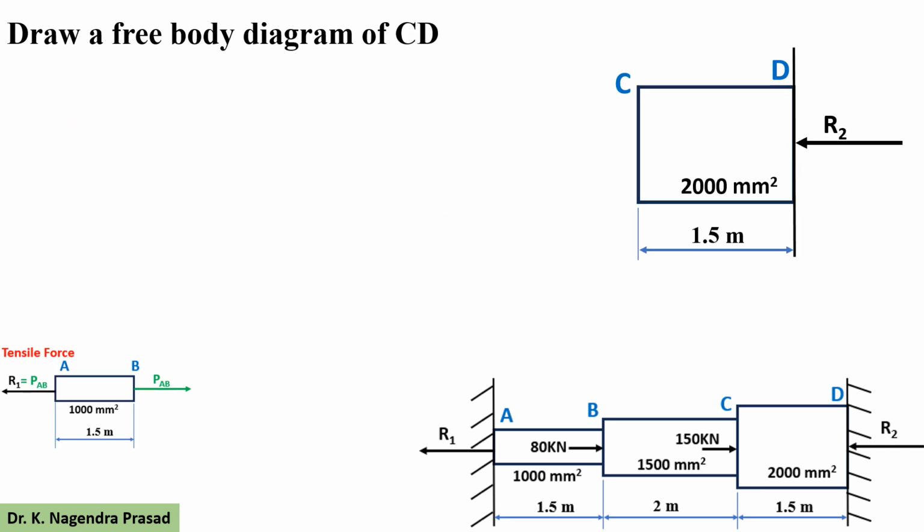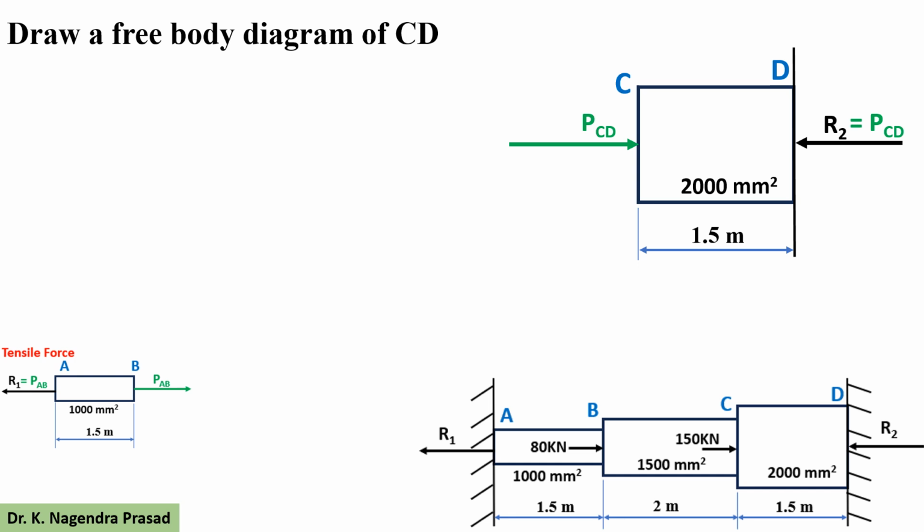Next, we have to draw a free body diagram of CD. Here, reaction force R2 is acting at the right hand side of the body, and let's consider R2 equal to PCD. To maintain the equilibrium, the left hand side also generates the same amount of force, that is PCD.